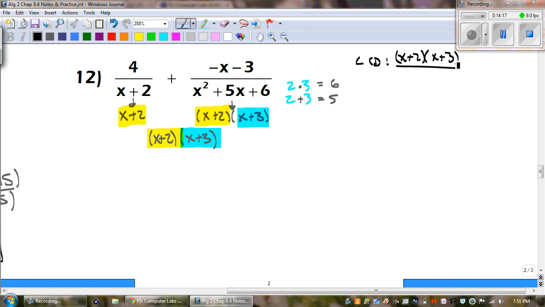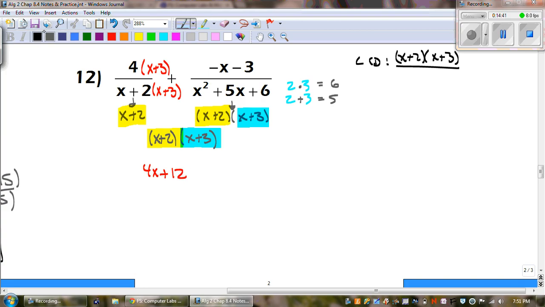And the nice thing about that is I don't have to multiply our right equation at all. So I only have to multiply the left side by the x plus 3. So when we multiply, we get 4x plus 12.